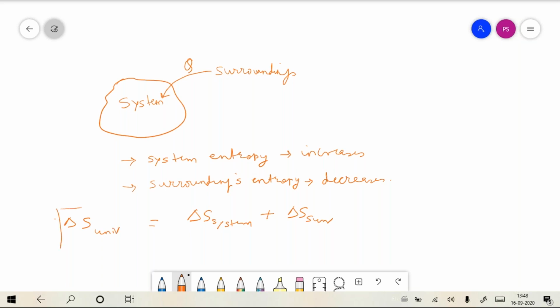So my question is, what would happen to the entropy of the universe? Because you see that the change in the system entropy is going to increase, and the surroundings entropy is going to decrease.